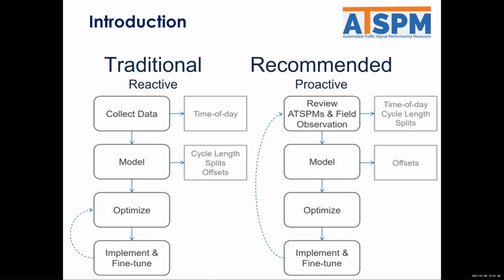Historically, most agencies doing signal timing do it on a periodic basis of about 3 to 5 years. They have to go out and collect the data and then run that data through some sort of modeler, like Vissim or Synchro.